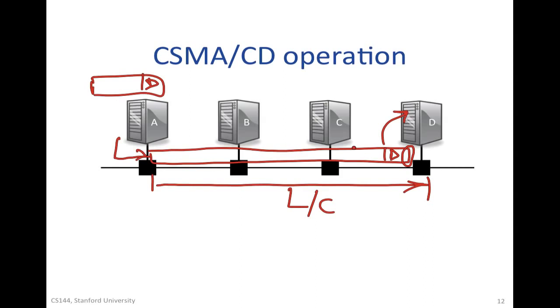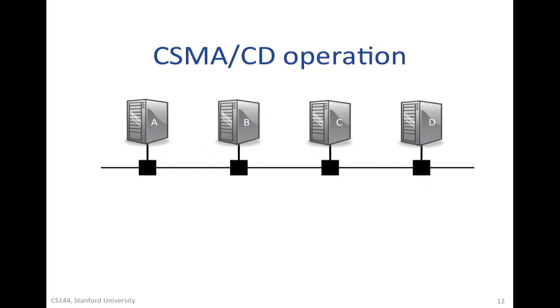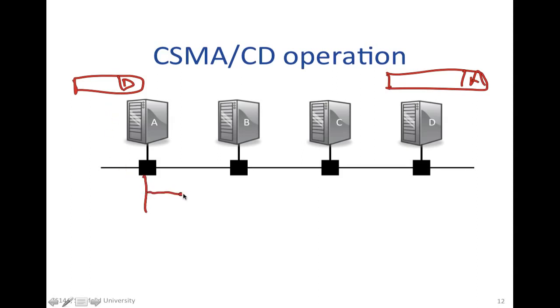Now let's look at the condition of what causes a collision in the network. So if A again has a packet destined for D, and D has a packet that is destined for A, A will send its packet. So let's look at the first bit. I'm just now going to talk in terms of the first bit propagating down the wire from A to D, and it'll take L over C seconds.